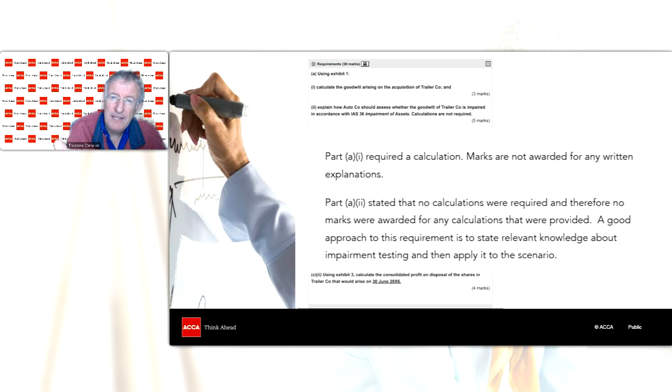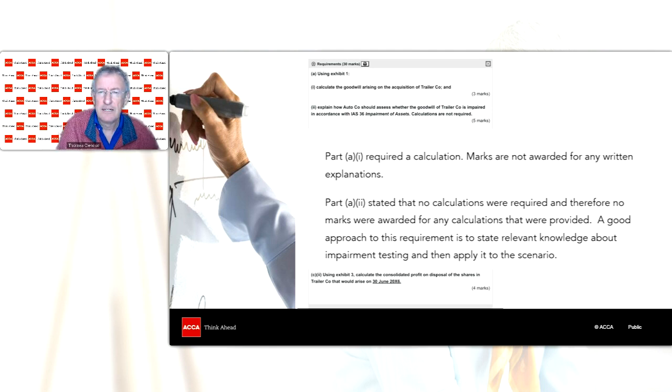A part 1, calculate. I kid you not, some people gave the definition of goodwill in A part 1 and said, goodwill is the premium that arises on consolidation, when the parent buys the sub and pays more than the fair value of the net asset.